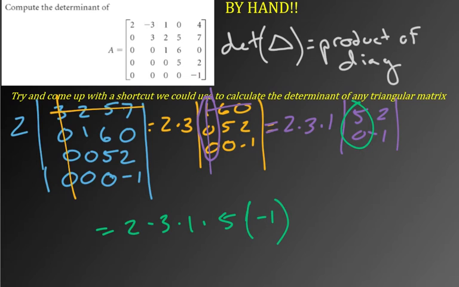So anytime you see this sort of triangular structure in a matrix, you can just multiply along the diagonal, and that is your determinant. That really would be it. I should probably make that a little more clear. That's a multiplication, not a negative there. So that's one big shortcut that we can use. That one's going to be very helpful.